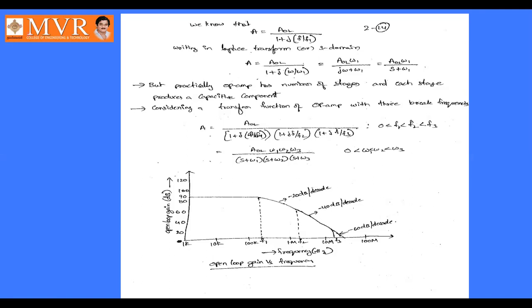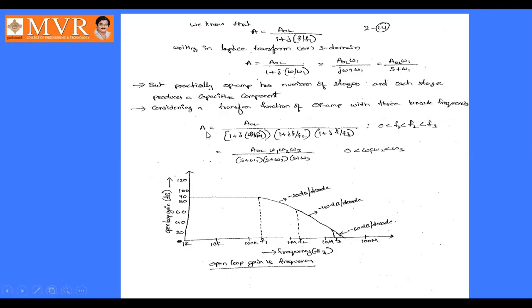But as we have already discussed, practically for an operational amplifier there will be three stages coupled together. When two stages are coupled, there will be a capacitance effect, so there will be three capacitance effects, which determine the gain, as you can see in the gain equation.